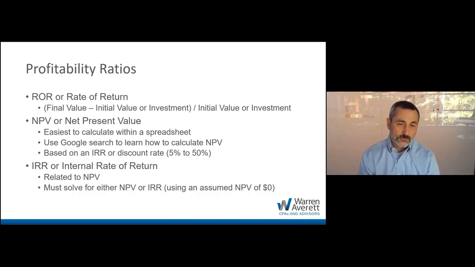The next two are very closely related: net present value and internal rate of return. If you haven't done this before and you have access to Excel or some similar spreadsheet, you can simply do a Google search for how to calculate net present value or the internal rate of return of a project.